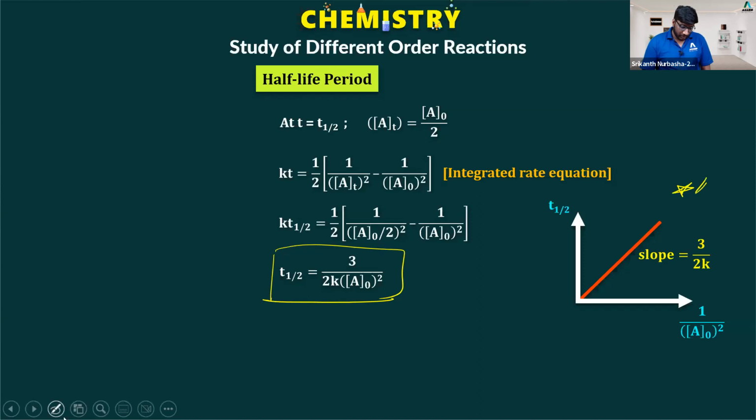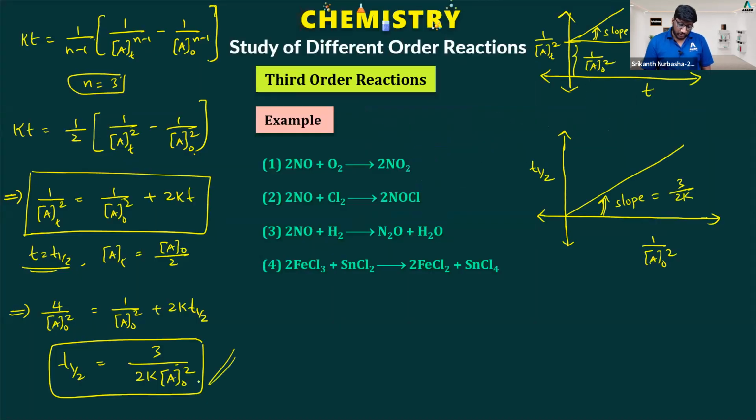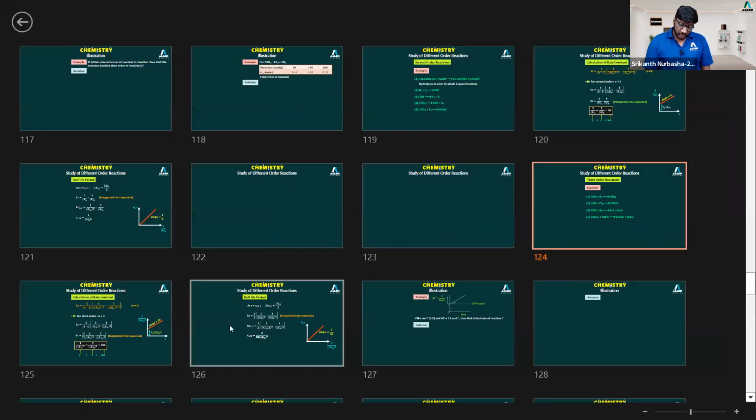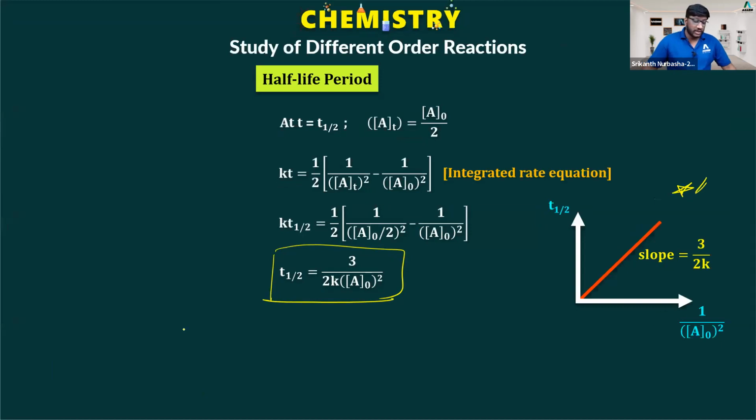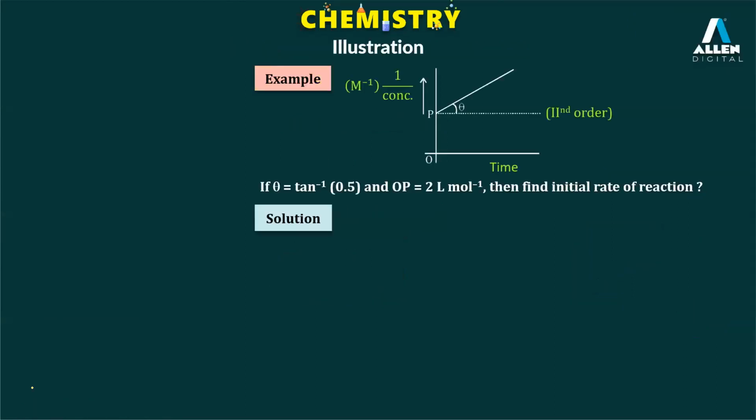The same graphs are repeated in the slides. Is that clear, students? Is everything clear? These are all the integrated rate equations for different orders of reactions. Yeah, try to solve this question.